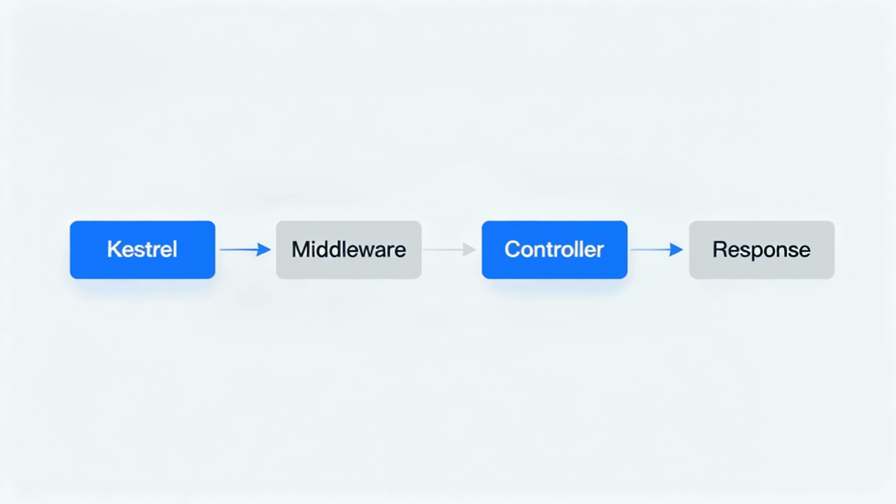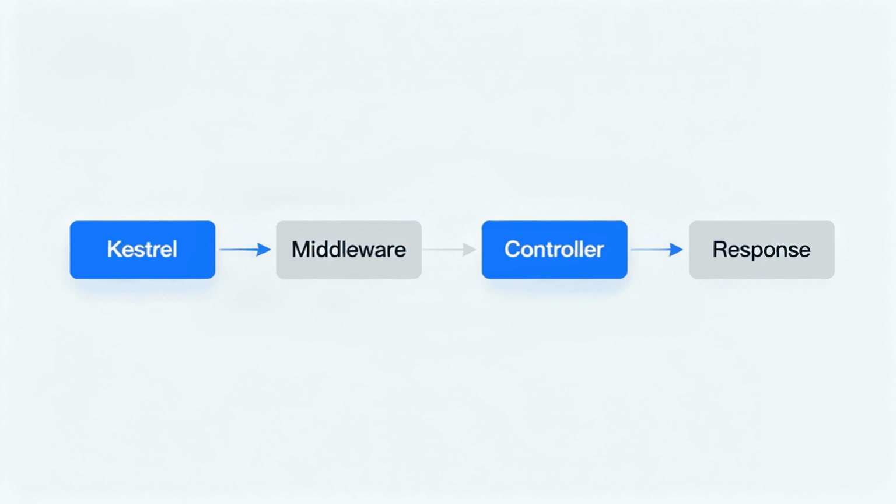Okay, the request flow. Here's what actually happens when a request hits your API. 1. The web server receives the request. 2. The request enters the middleware pipeline. 3. Each middleware runs in order: authentication, logging, routing, etc. 4.